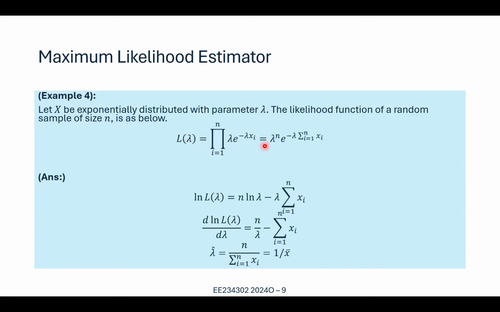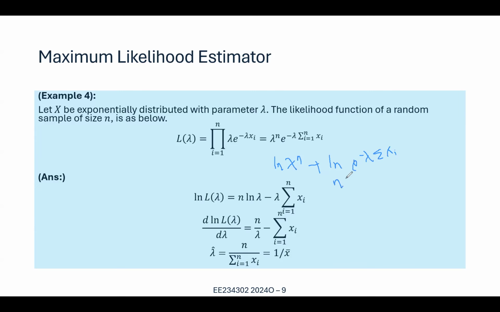With the same method, the same way, we can obtain ln L of lambda here, which is n ln lambda minus lambda sigma xi. Again we perform the natural logarithm here. So it's like ln of lambda to the power of n, plus ln of e to the power of minus lambda sigma xi.